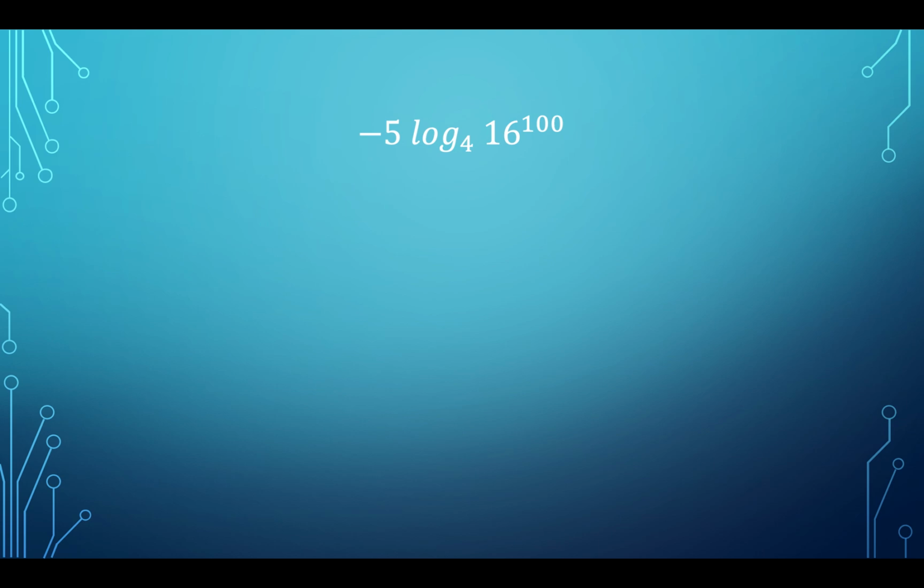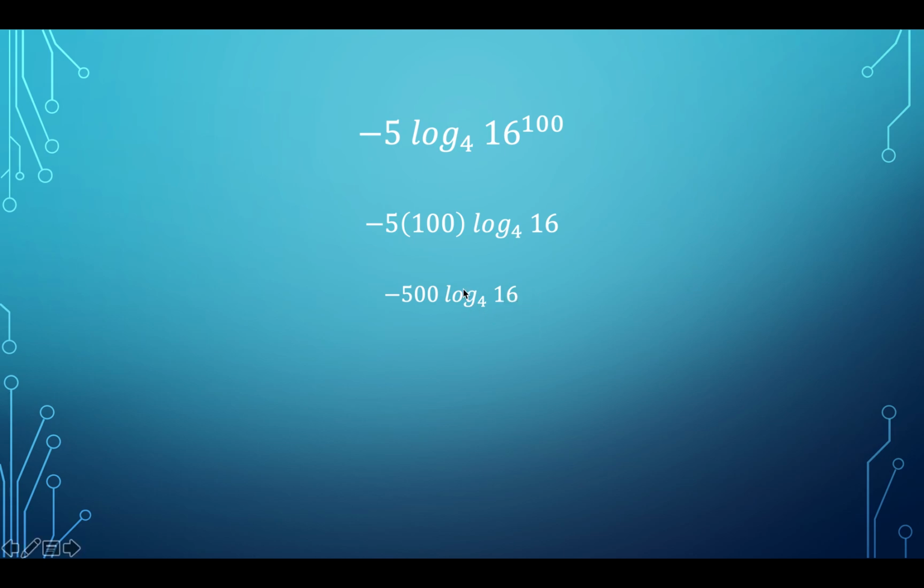Now we have here a negative 5 times log base 4 of 16 to the 100 power. Remember, we have an exponent up here. What we got to do is bring that exponent down into the front. So now what we do is negative 5 times 100 times log base 4 of 16. Negative 5 times 100 gives us negative 500. And then we still have log base 4 of 16 over here.